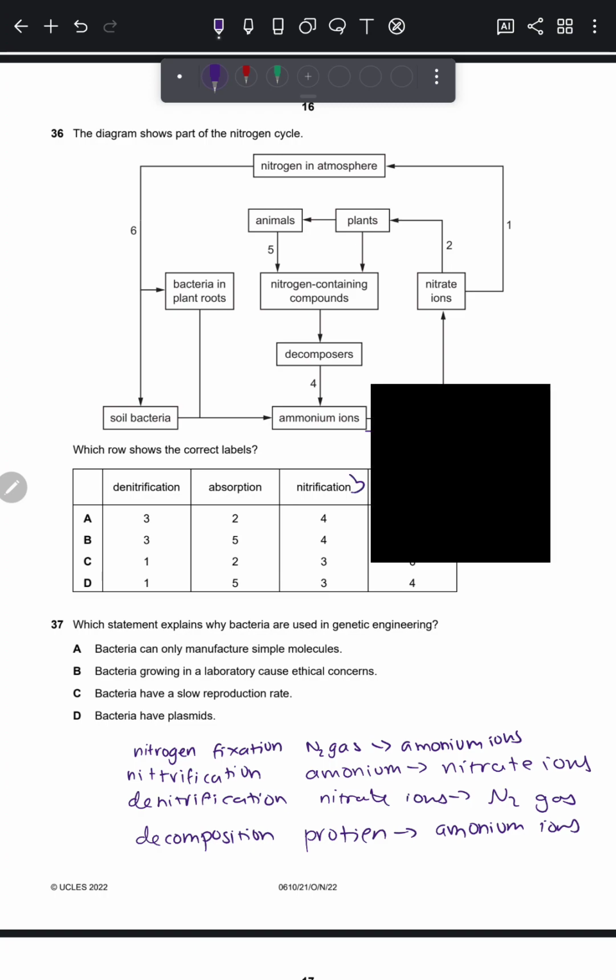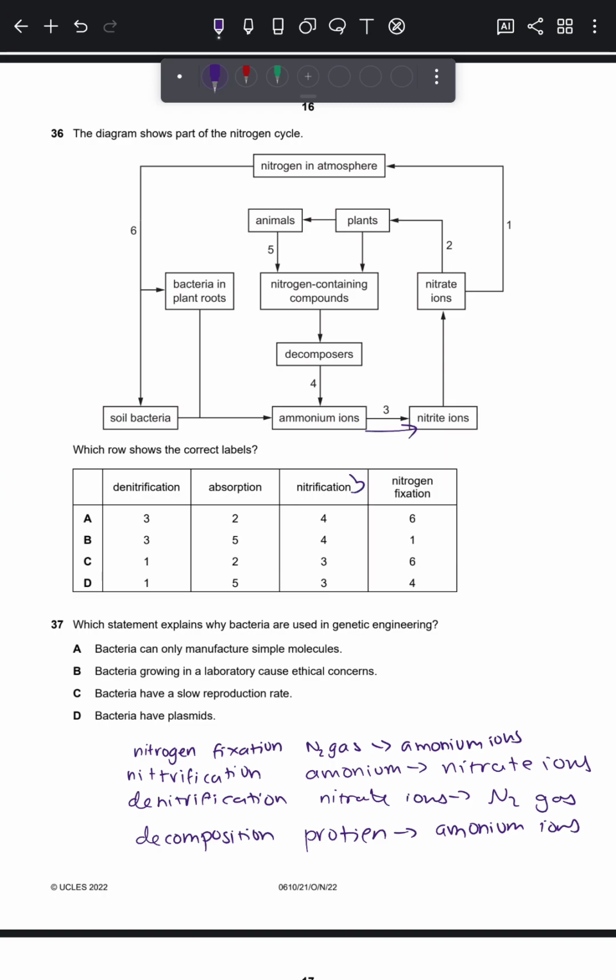And then maybe we can eliminate. So nitrogen fixation is, again, like the gas to the ammonium ions. So the gas is here, and the only place it's going is into here and here. I feel like 6 should be nitrogen fixation.